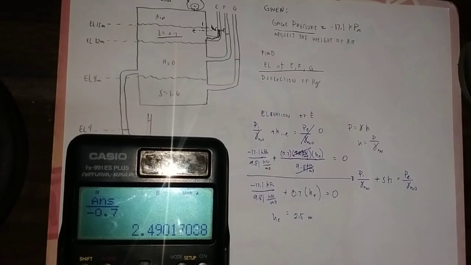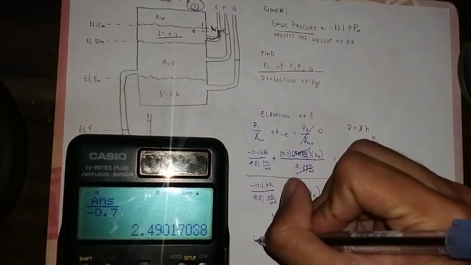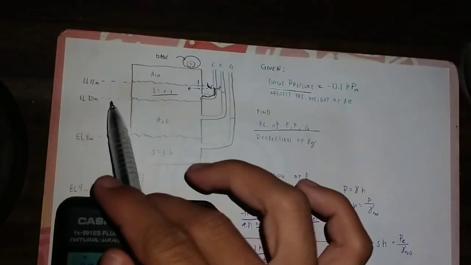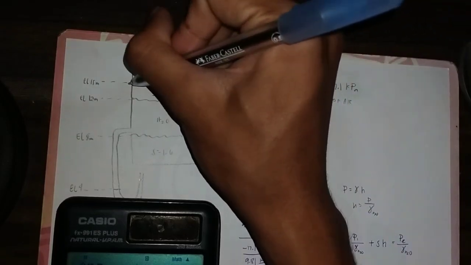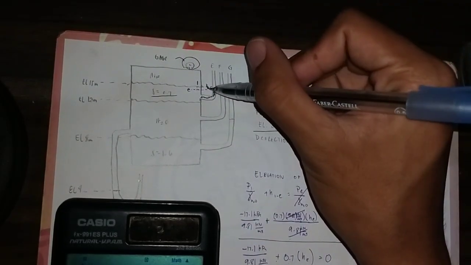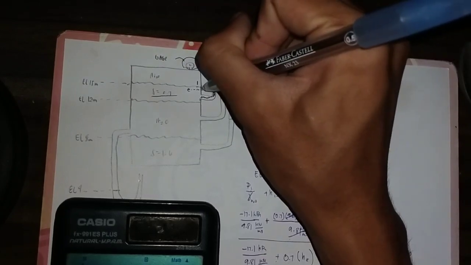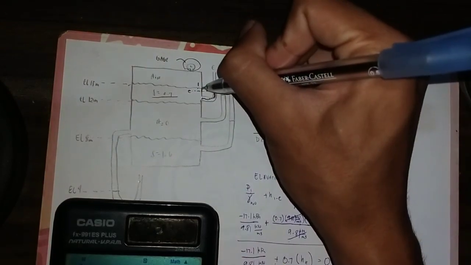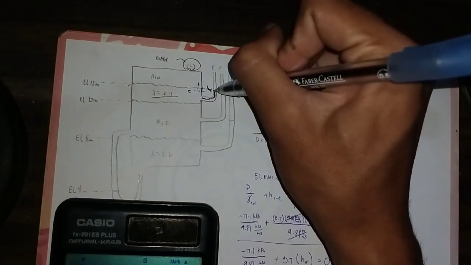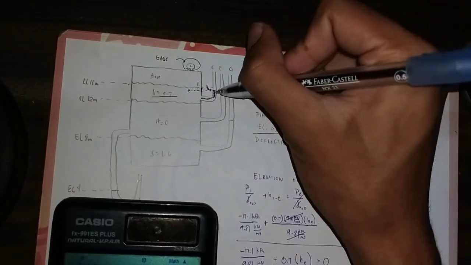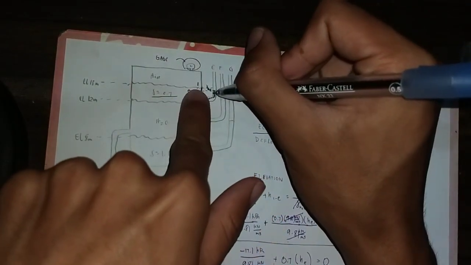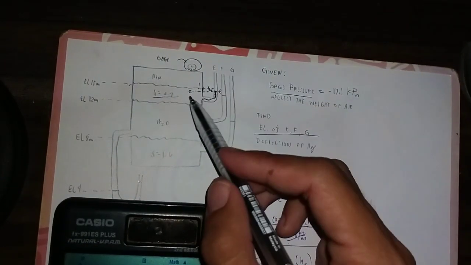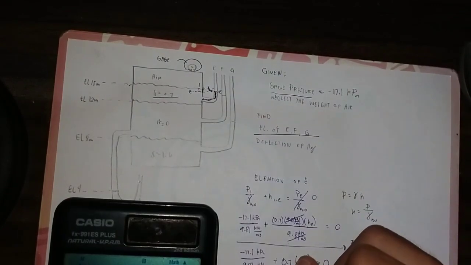However, that is still not the elevation. To get the elevation of E, we need to analyze again the diagram. Elevation 12 here, and then we have elevation 15, and we've acquired the height of E. So how do we get the elevation? Since our liquid is just here at the bottom limit of our HE, we can subtract from the elevation of 15.